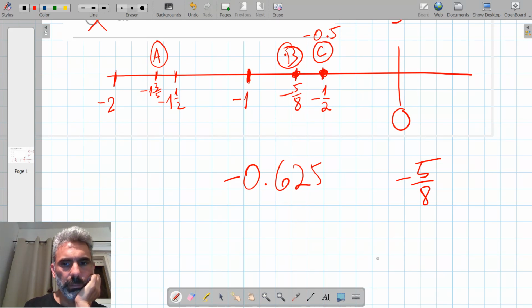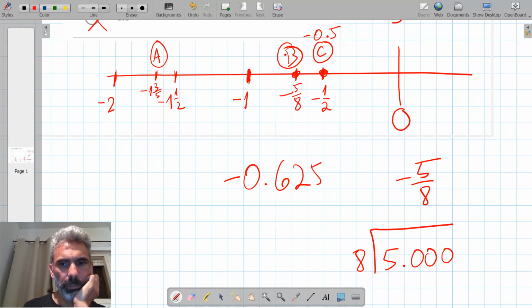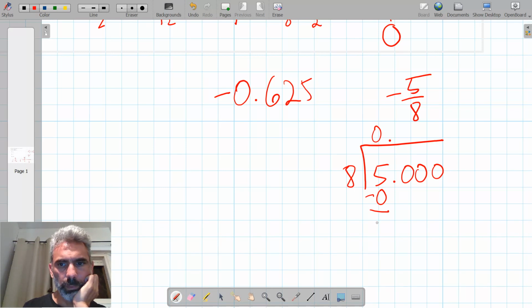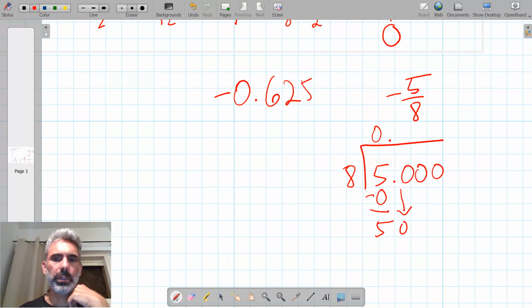Let's see. 5 divided by 8. 8 doesn't go into 5, so it's 0 point something. So 0 times 8 is 0. Subtract. 5, bring down a 0. 8 goes into 50 6 times. 6 times 8 is 48.